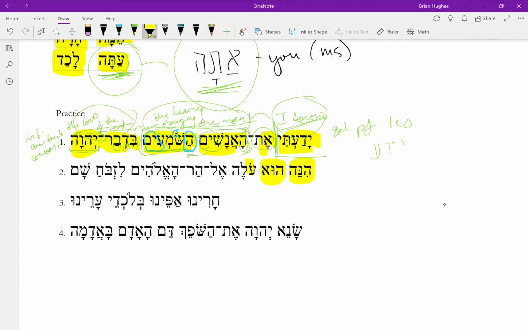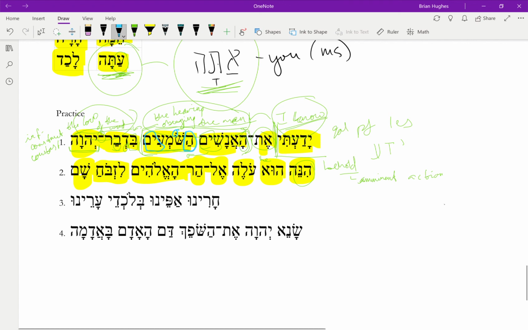Hine hu oleh el har ha'elohim lizboach sham. So hine is behold. All right, and we might want to hold in our mind the idea that this might be introducing an imminent action phrase. I don't remember if it is yet, but maybe imminent action. But we have behold, who, so that would be he, right? Who is he?